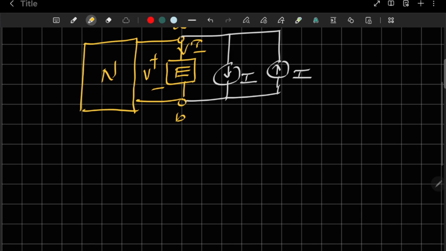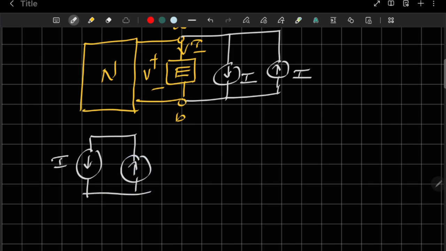How is it possible? If you take the parallel connection of equal and opposite current sources, what does it give? Calculate the current out of this parallel connection, call it X, and apply KCL at this node. The current entering the node is only I, related to this element. The currents leaving the node are this I and this X. So I plus X, which gives X equal to 0.